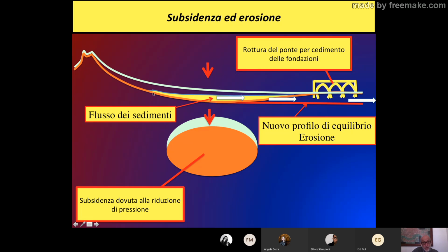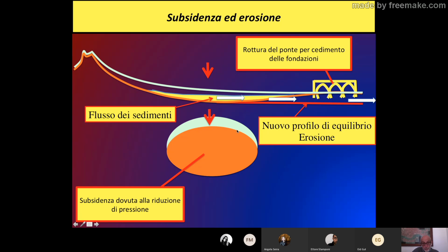The orange line is because of subsidence, then you create sort of a lake-like area here where you get a lot of sedimentation, but at the same time, where the bridges are, at the edge of the subsidence zone, you start having erosion here because the river is attempting to recover its equilibrium profile.